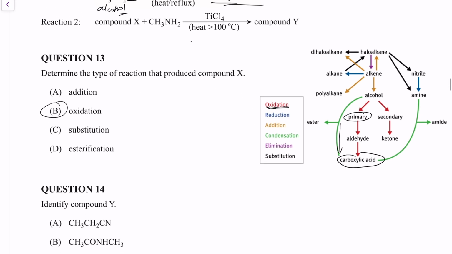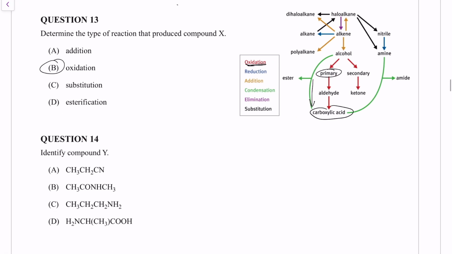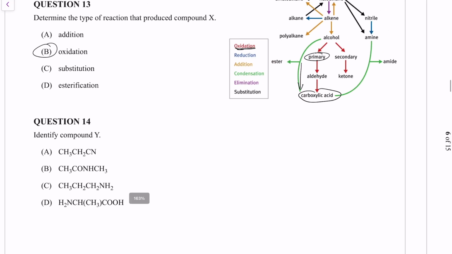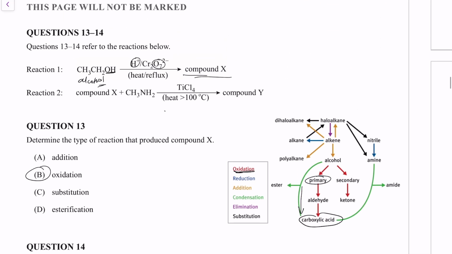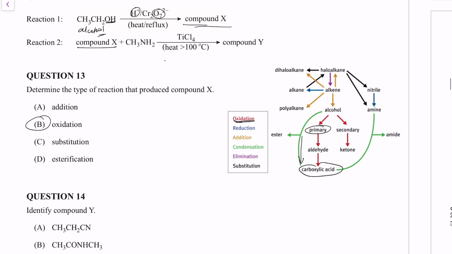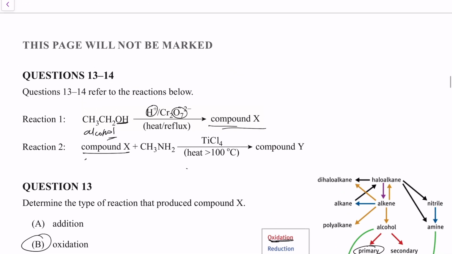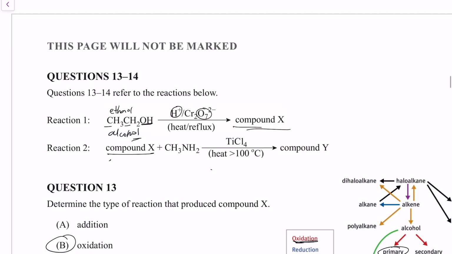So question 13 is B. And question 14 is asking us to identify the compound Y. In reaction 1 the alcohol is ethanol because there are 2 carbons, so we're going to have ethanoic acid as compound X, so we can copy that on here.